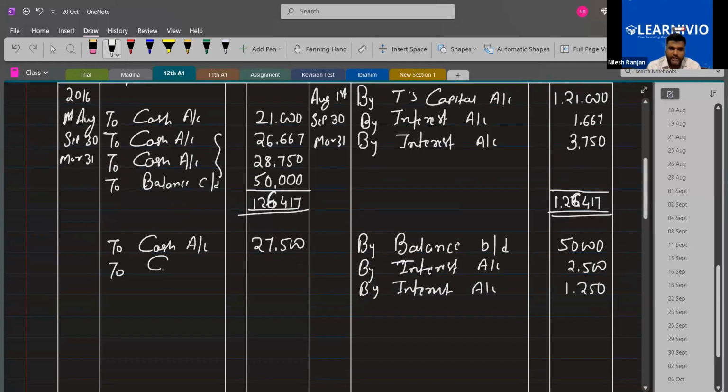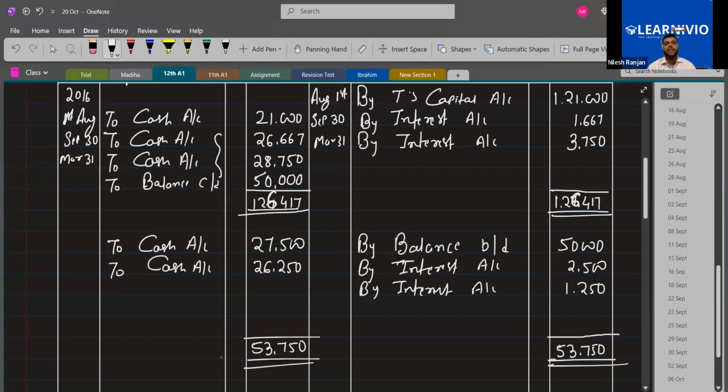Then the second will be 25,000 plus 1,250, so 26,250. So it is 3,750 and 53,750. Balance is nil. So this is your solution, half yearly solution.